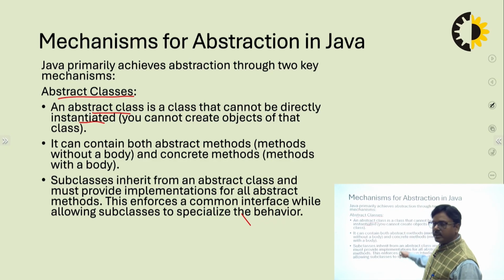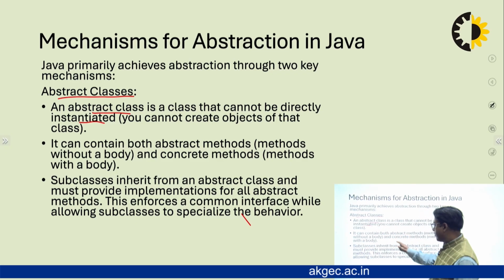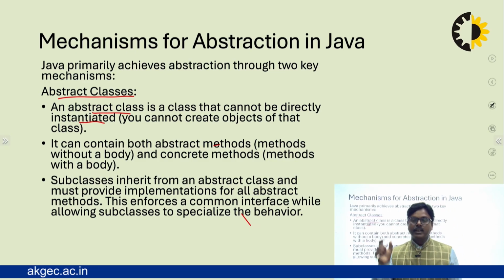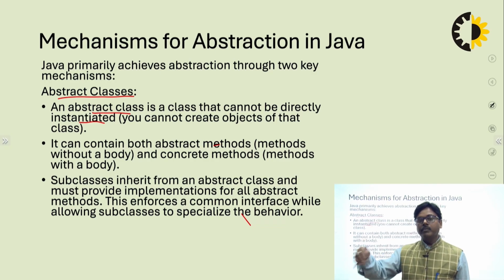So this is the feature of an abstract class, where a concrete method and an abstract method both can be written. It contains both, and subclasses inherited from the abstract class must provide an implementation. When we are talking about the abstract method, we have already declared it, but we don't know where we are going to define it.